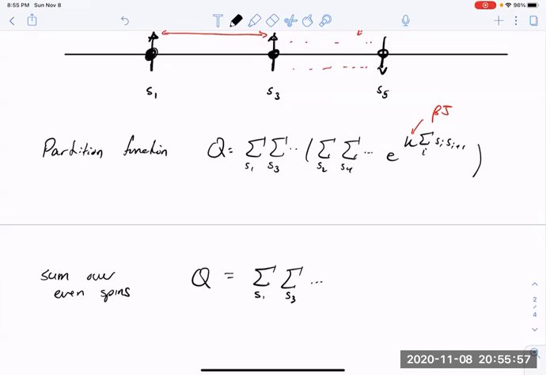But what we will be summing over is some function that we will call e to the minus beta a tilde that is a function of just the odd spins.